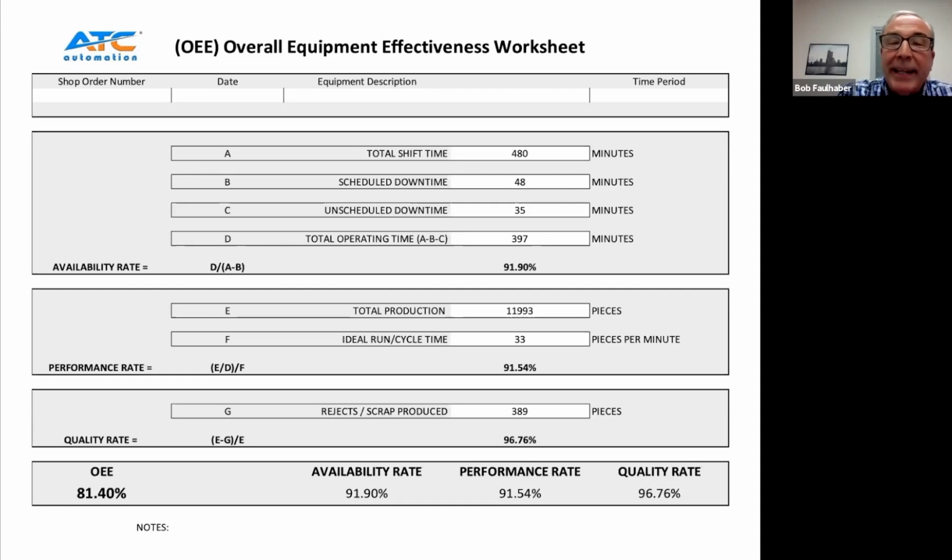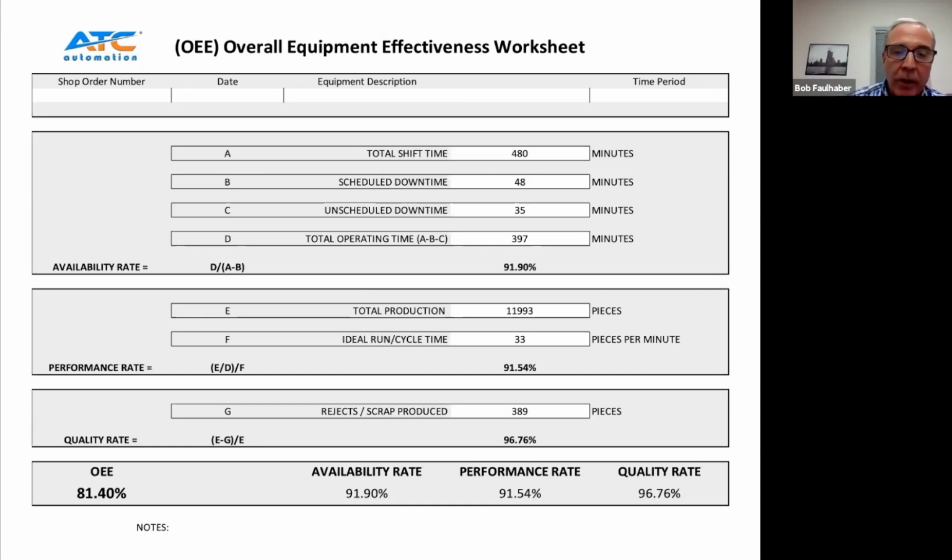Now we take that number and divide it by the ideal cycle time, and that'll tell us what percentage of that ideal cycle time we're actually running at. What is the speed of the equipment? It was 30.2. Okay. If you do the calculation, it's 91.54%. That's where that number comes from.